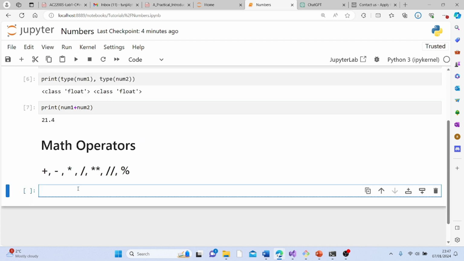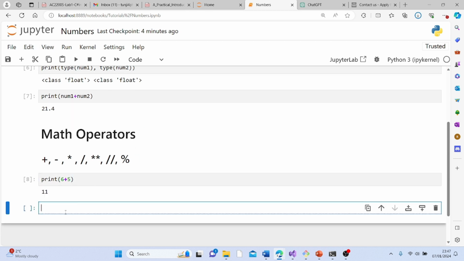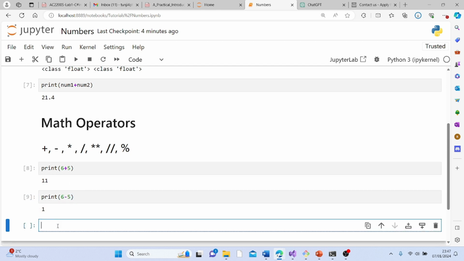About the addition operator, you can say 6 plus 5, it gives you 11. You also know about the subtraction operator. 6 minus 5 gives you 1, and you can also relate with the multiplication operator. 6 multiplied by 5 will give you 30.